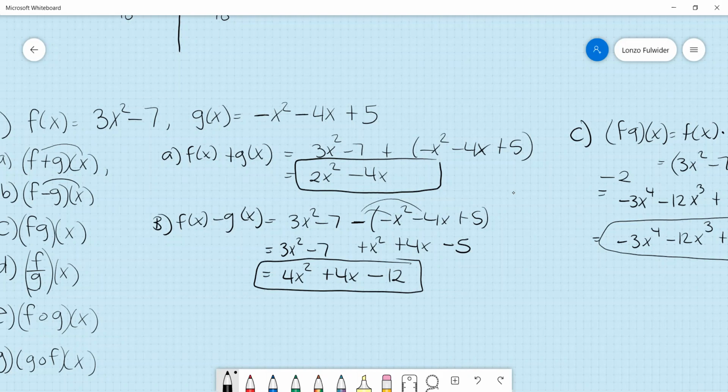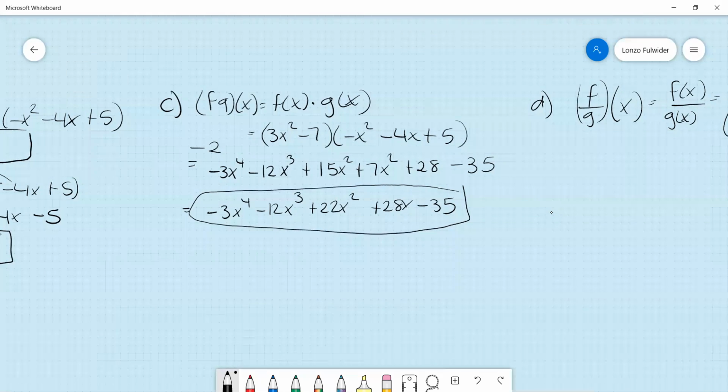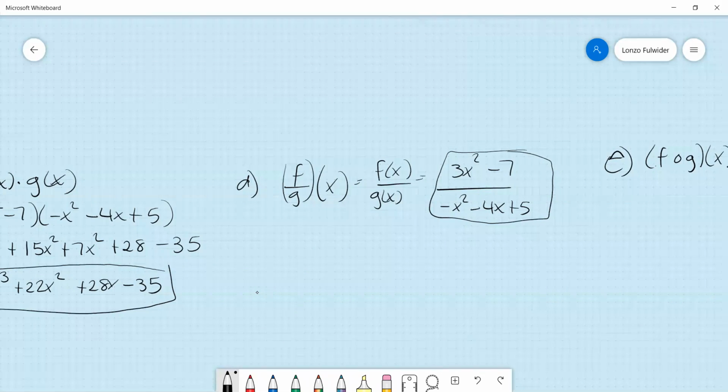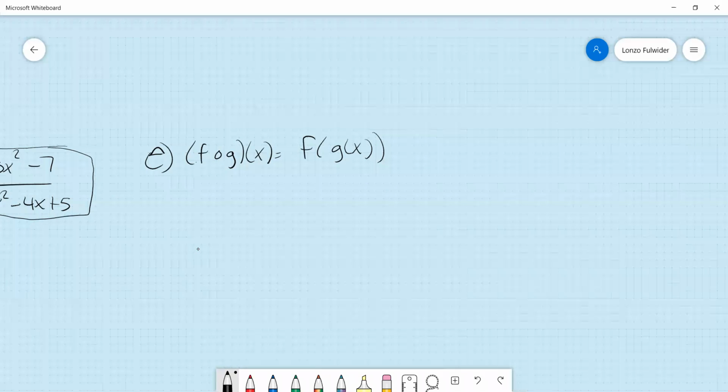So wherever you see an x, you're going to put this whole thing, -x squared minus 4x plus 5. So let's do that one. When you put the function g inside the f, this is what you're going to get.